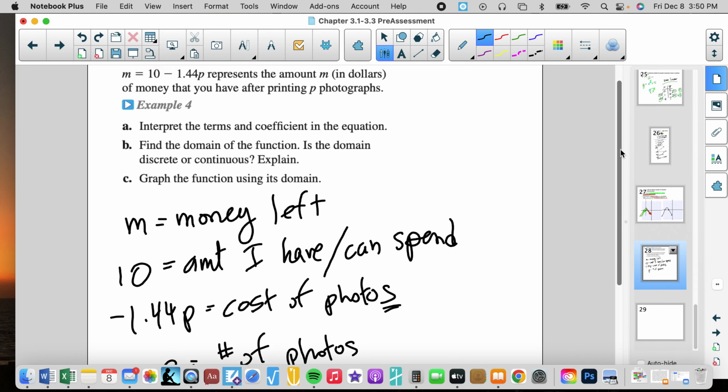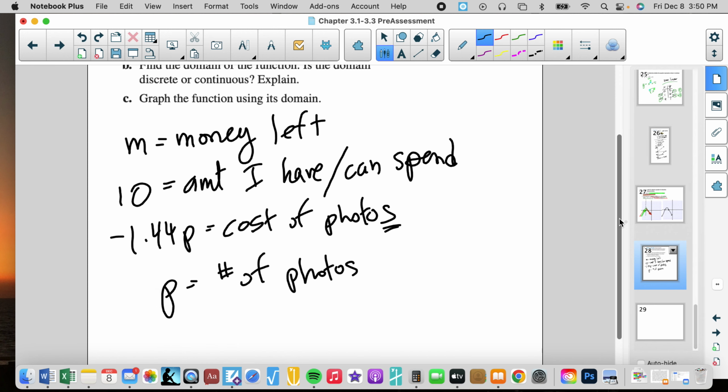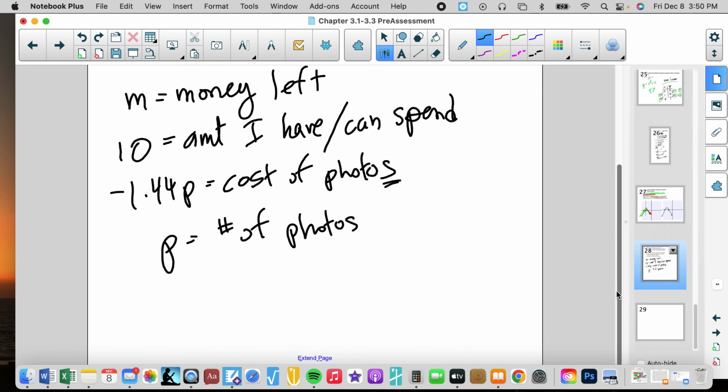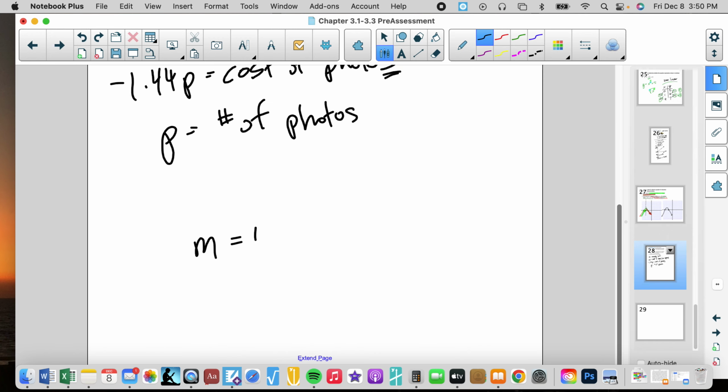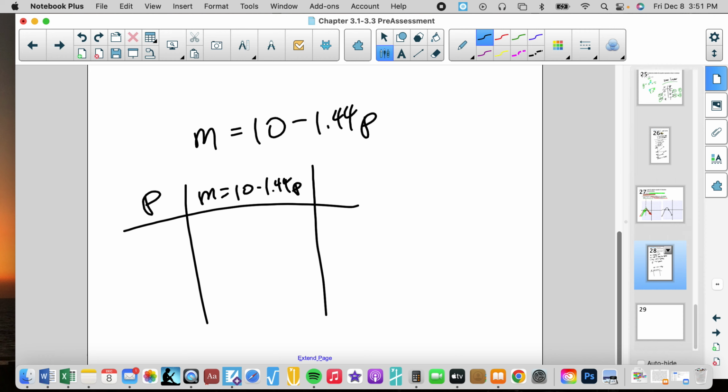All right, that's cool. Find the domain of the function. Is the domain discrete or continuous? Explain. So the domain of the function, all right, well, what's my formula? So m equals 10 minus 1.44p. So when I start plugging in for my independent, which is p, I can use this formula, 10 minus 1.44p, and m is my dependent because m depends on p.